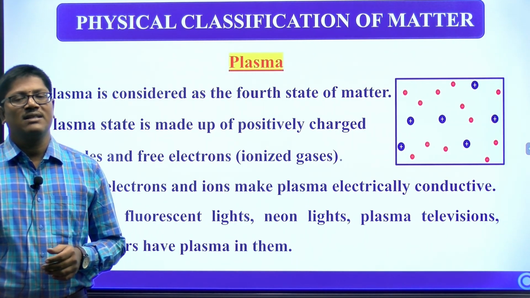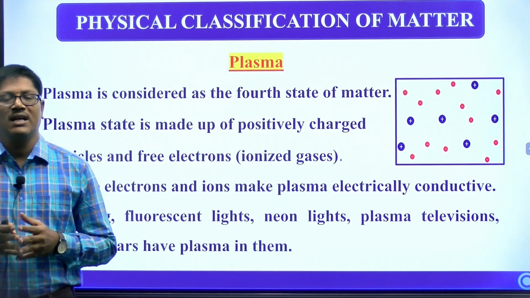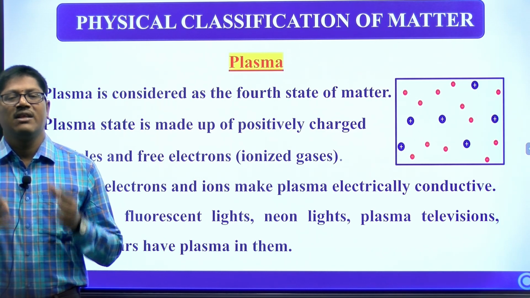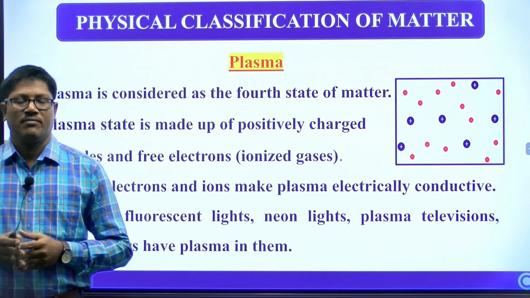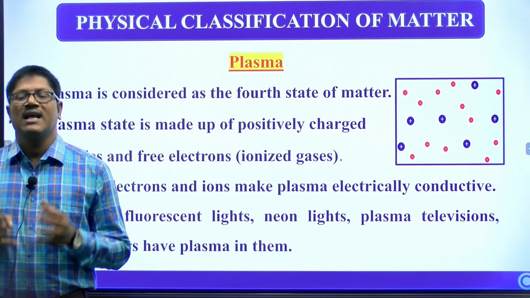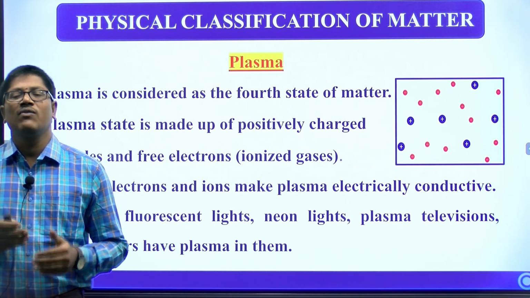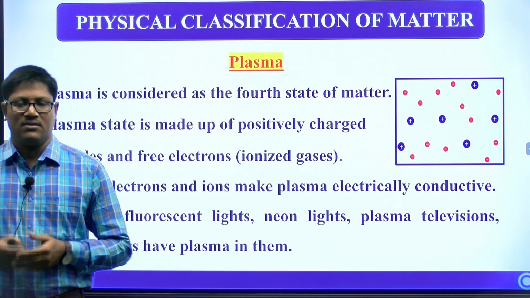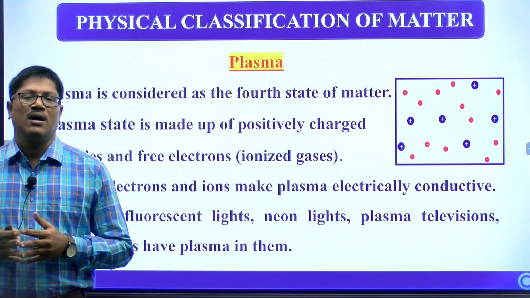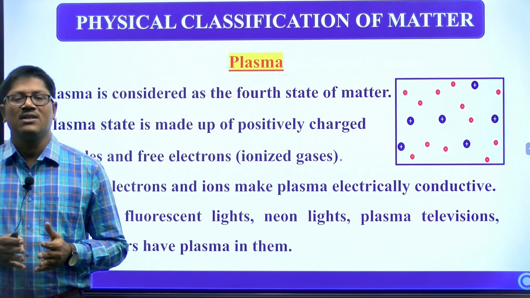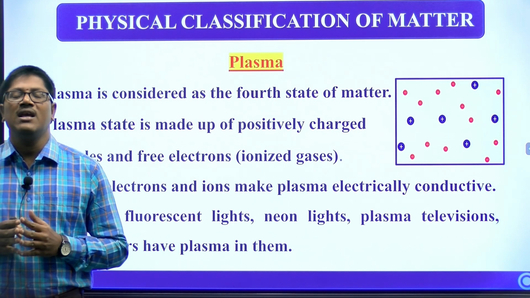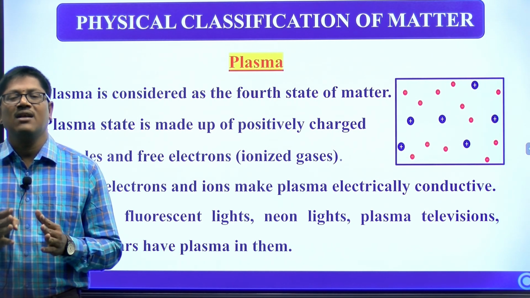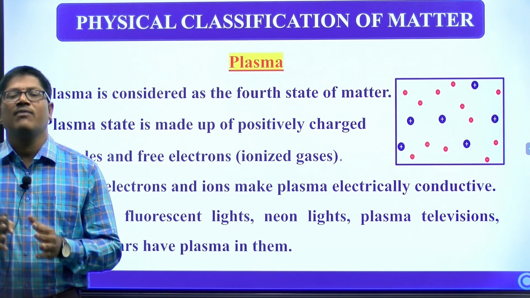Let us discuss the fourth state, that is plasma state. Plasma is considered the fourth state of matter. Plasma is considered a mixture of positively charged gaseous ions and negatively charged electrons. Since plasma consists of positively charged ions and negatively charged electrons, it possesses the characteristic property of conductivity.